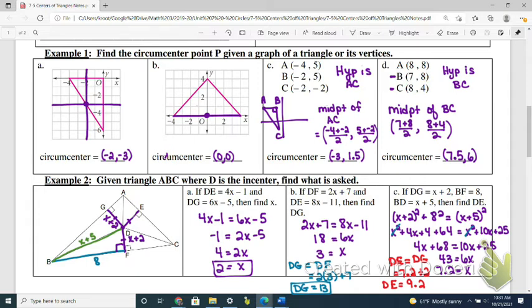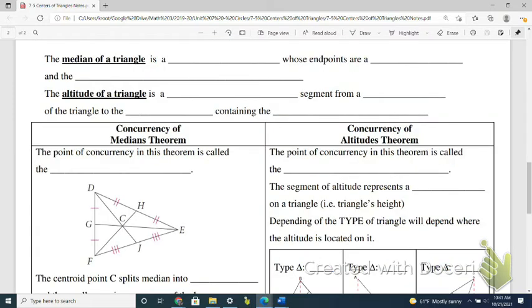Let's take a look at the last two concurrency theorems. There are a couple definitions we need to go over before we get to the concurrency theorems. The median of a triangle is a segment whose endpoints are a vertex and the midpoint of the opposite side.